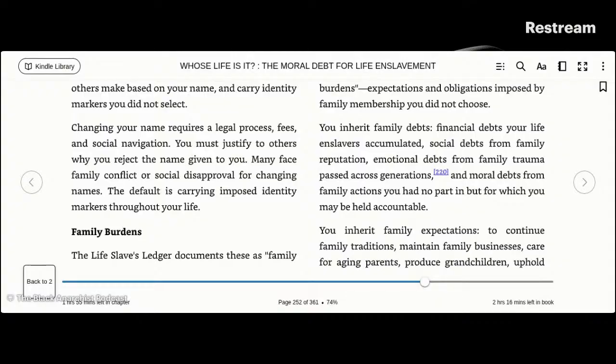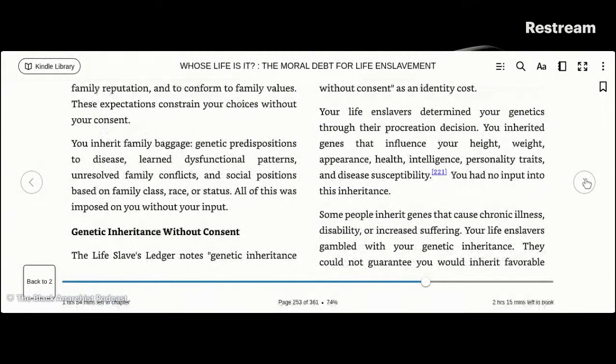You inherit family expectations to continue family traditions, maintain family businesses, care for parents, produce grandchildren, uphold family reputation, and conform to family values. These expectations constrain your choices without your consent.